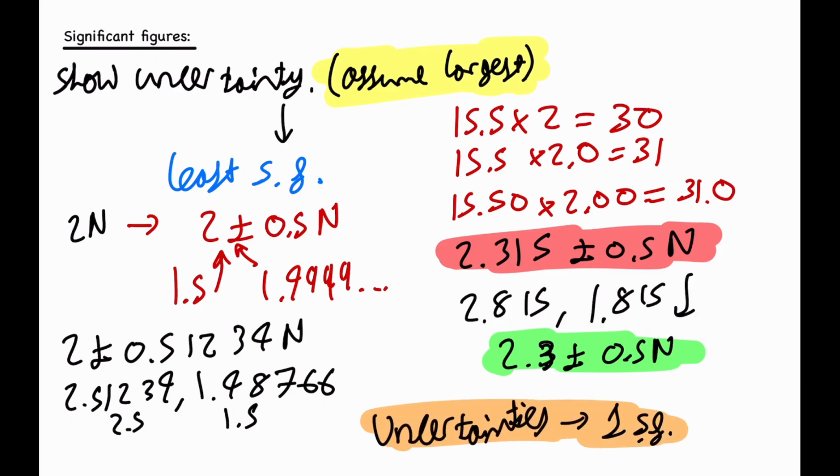Let's recap quickly. So you have to leave your uncertainties to the smallest number of significant figures, as you're assuming the largest uncertainty when you're combining values. Then remember, you can assume the uncertainty on a value without knowing its uncertainty just by looking at the amount of significant figures it's left at.